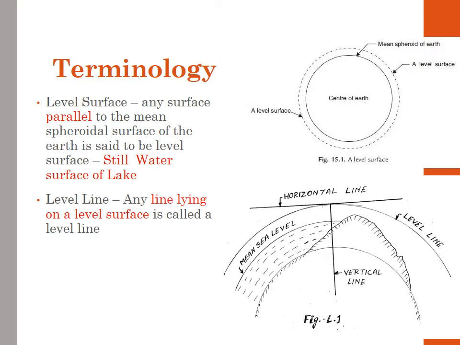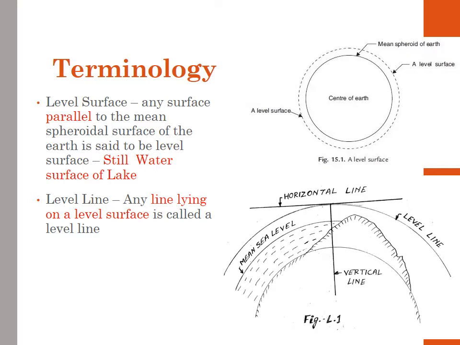In that, the first one is a level surface. If you see the first image on my right hand side, we have the center of the earth, and the first dark circle is the mean spheroid of the earth.